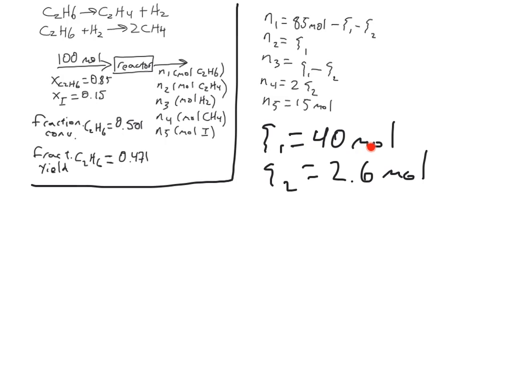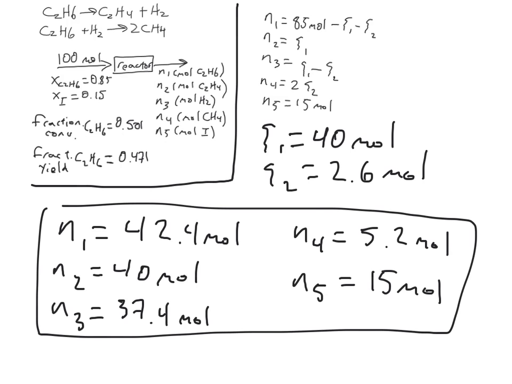Well, now we know what extent 1 is and extent 2 is, so we just need to take these values, plug them back into these equations up here to find out what N1 through N5 are. So if we do that, and it's just simple algebra at this point, we get the following answers, just like I've shown you right here. These are what we get for N1 through N5, the various species. And again, N1 is moles of C2H6, N2 is moles of C2H4, etc., etc.